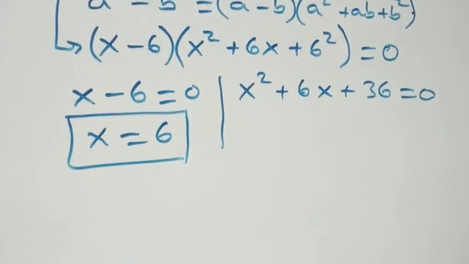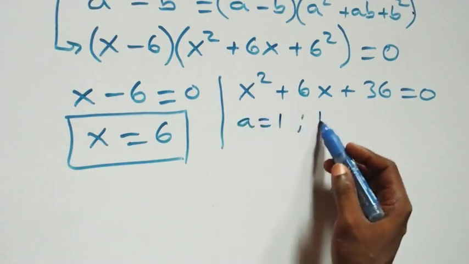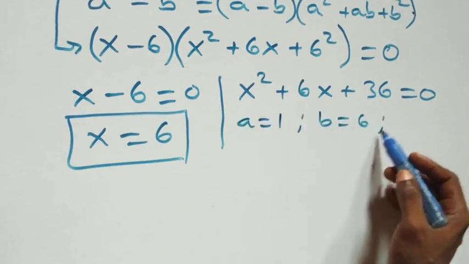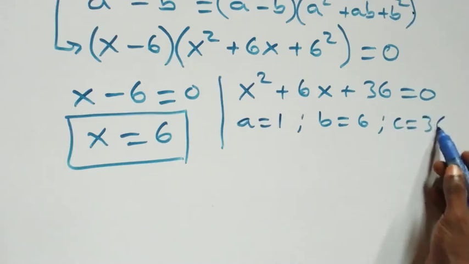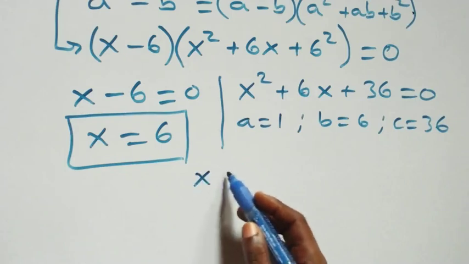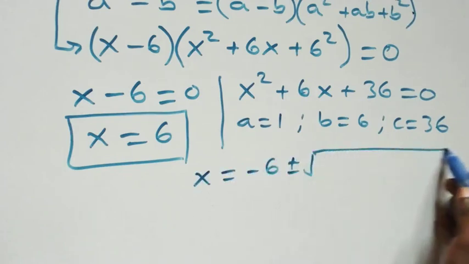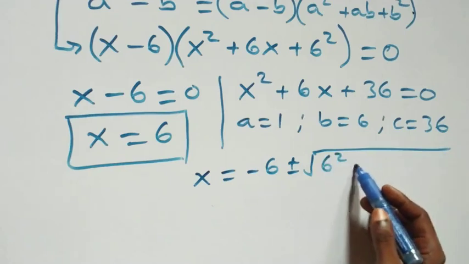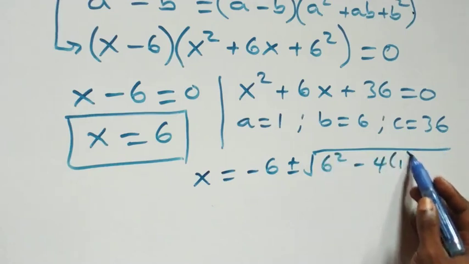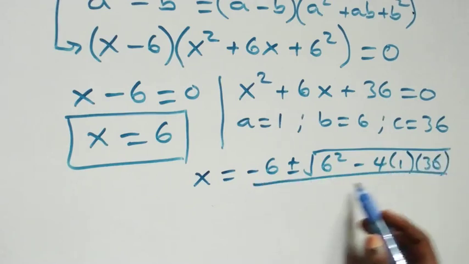On this side, we have a quadratic equation where a equals 1, b equals 6, and c equals 36. When we apply the quadratic formula, we have x equals minus 6 plus or minus square root of 6 squared minus 4 times 1 times 36, over 2 times 1.